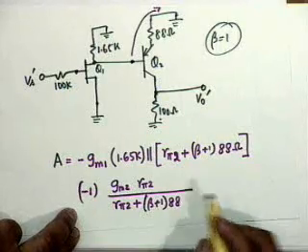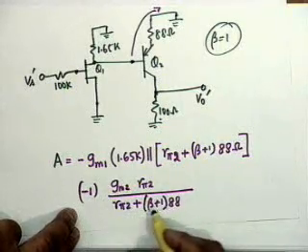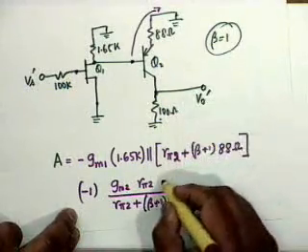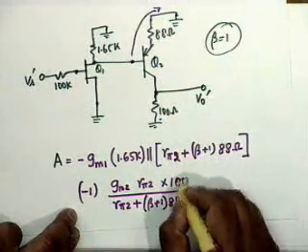Okay, this is the current. This current flows through 100 ohms to make V0 prime, therefore I have to multiply by 100.